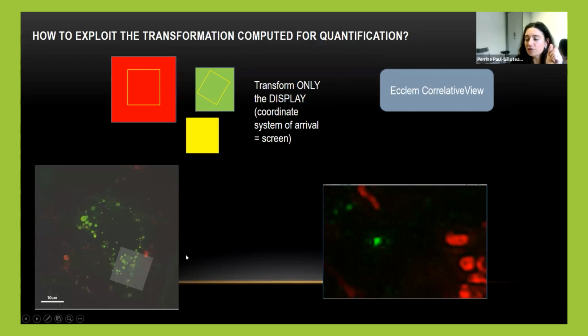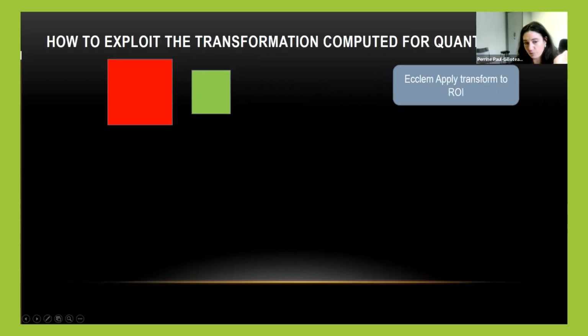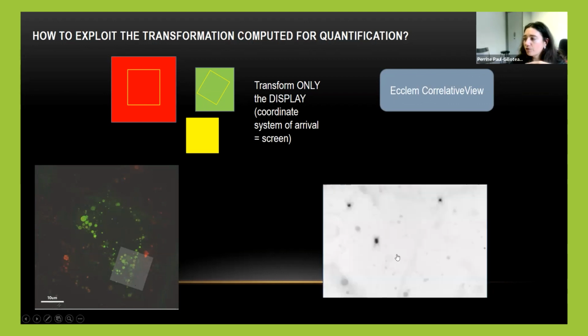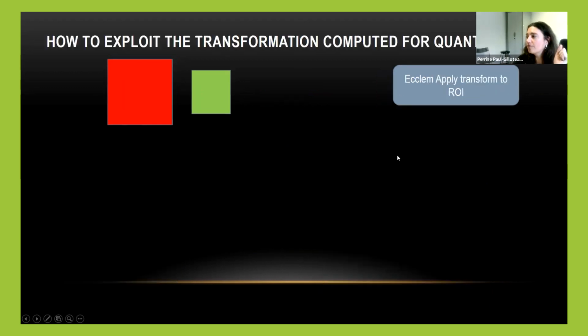Another way, if it's just for visualization, to keep the full resolution is to transform only the display, superimposing the image using a new coordinate system on the screen. That allows you to keep the full resolution of the image while still superimposing the images. That's also provided now in EasyClem V2.